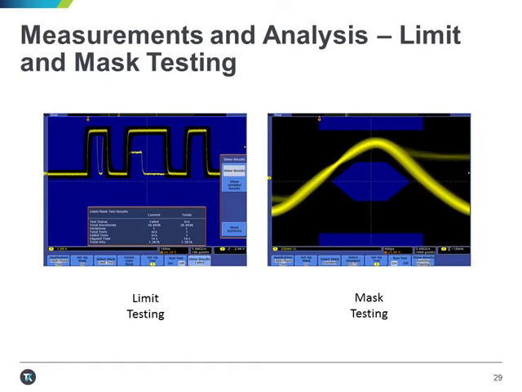The limit test software compares a signal under test to a known good or golden version of the signal with user-defined vertical and horizontal tolerances. Mask testing is also used, and somewhat more narrowly, so it's generally an option and not a standard feature.